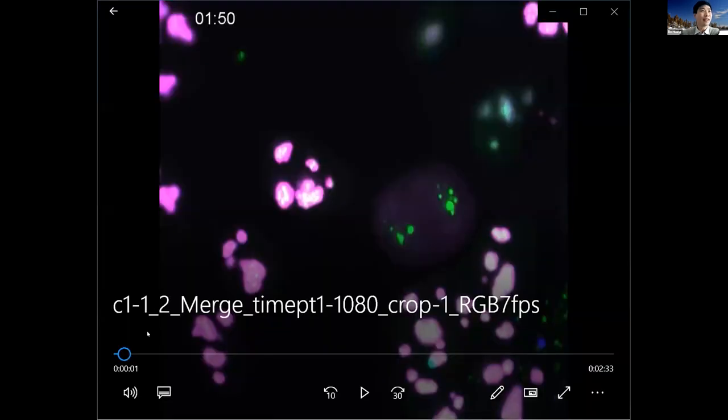Somehow it's not playing, but yeah, screen share. Okay, screen share. This is easy. I'm just going with movie play.